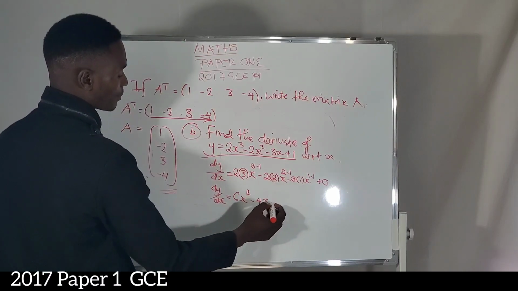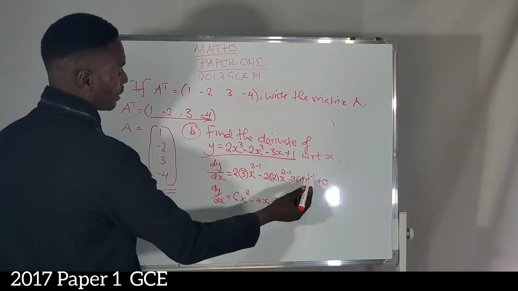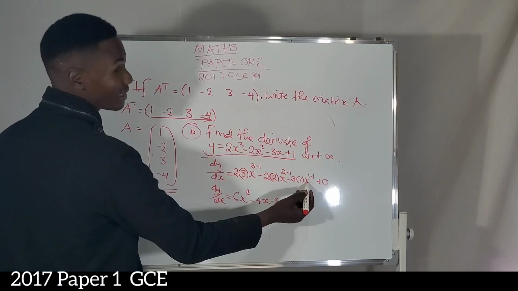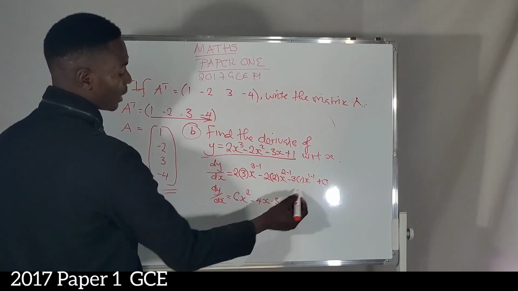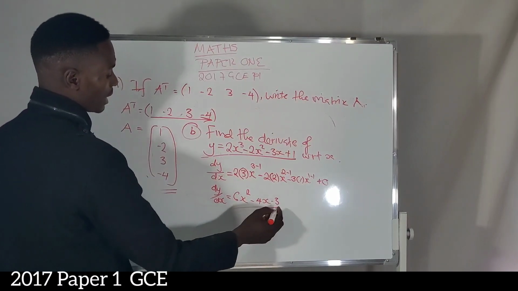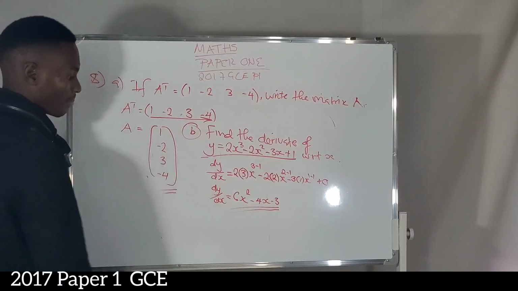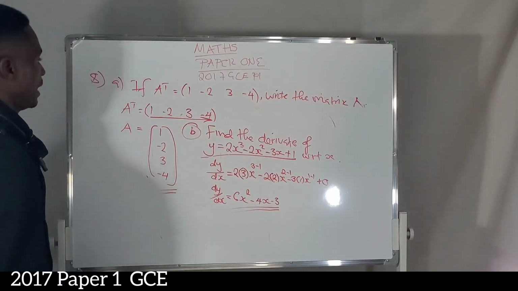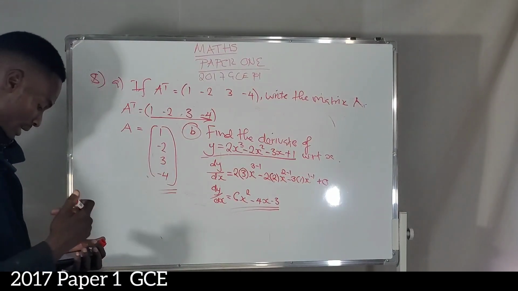Negative 3 times 1 is negative 3, 1 minus 1 is 0, anything raised to the power 0 is equal to 1. So this is the answer, as simple as this. Okay, that is the answer to question 8.